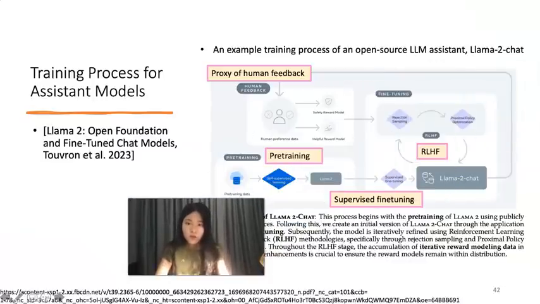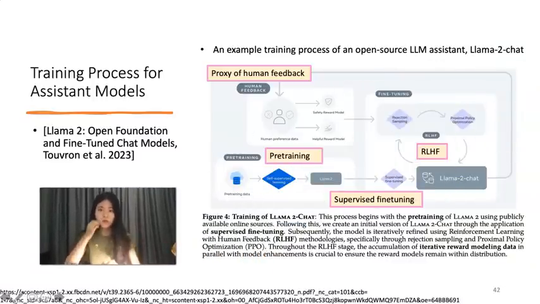Here's an example of the training process for assistant models, taken from the recent Llama 2 paper. I think this is a great illustration of the training process for open-source LLMs like Llama 2 or even GPT. We always start with pre-training, and we have our self-supervised learned model, here the Llama 2 pre-trained model, and then we do supervised fine-tuning.